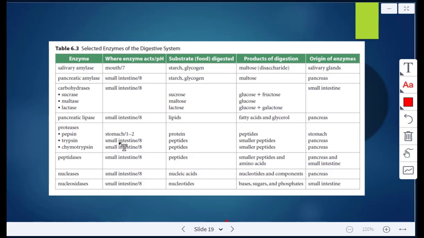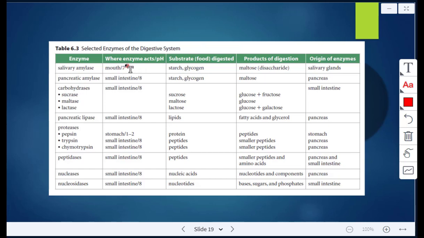All right, and this here is a table from the textbook, which also goes through all the different enzymes of the digestive system, where they're acting, like which part of the digestive tract, what type of food is getting digested, the product of digestion, and the origin of the enzyme. For example, we talked about the salivary amylase. It acts in the mouth, because that's where the saliva is produced.